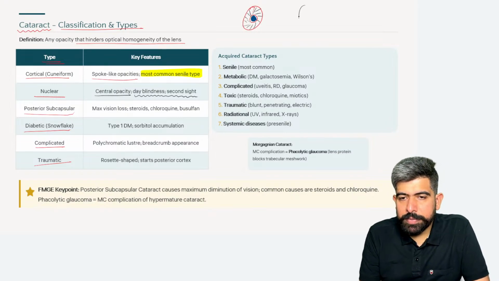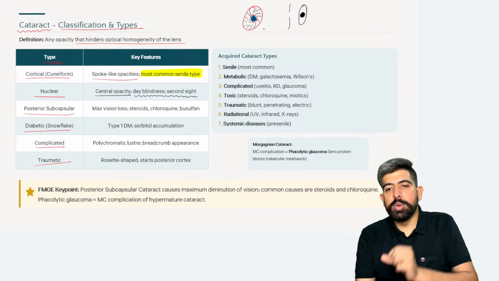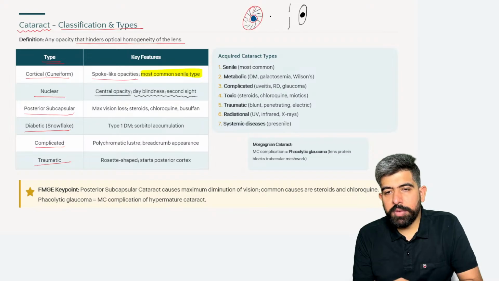Please remember about it. If I draw a lens over here and the opacities are in the central part, and this is the iris, then in the daylight what will happen? The pupil will contract, and only the central part of the light will pass through. The periphery will not cross, because the pupil is constricted, as you can see here.